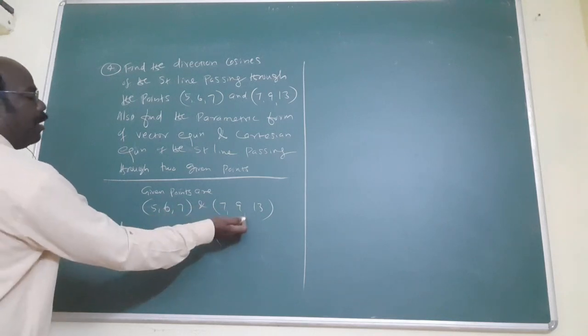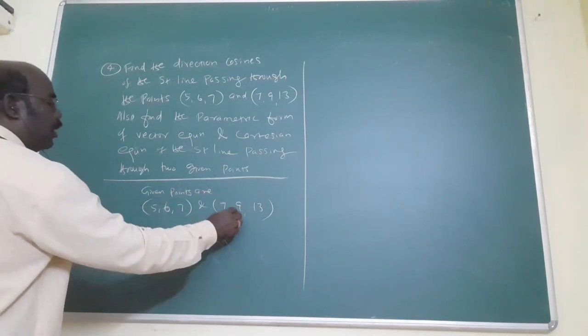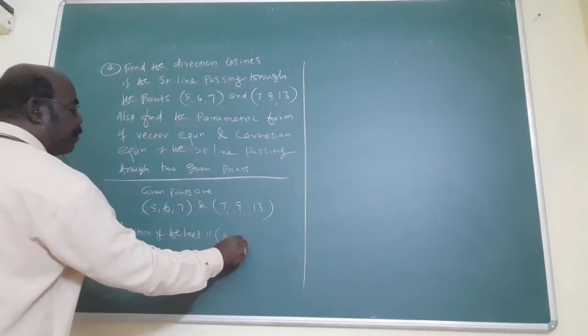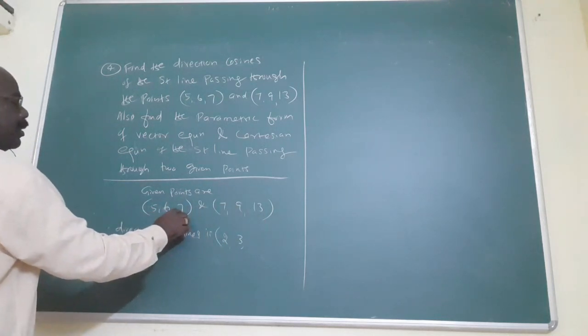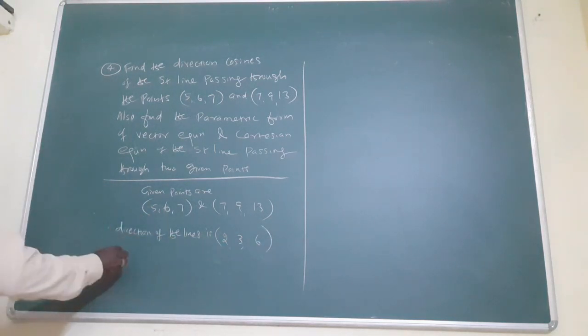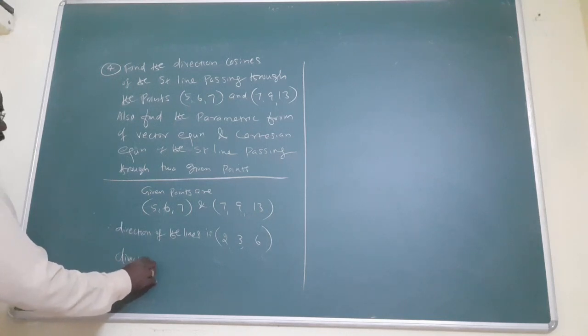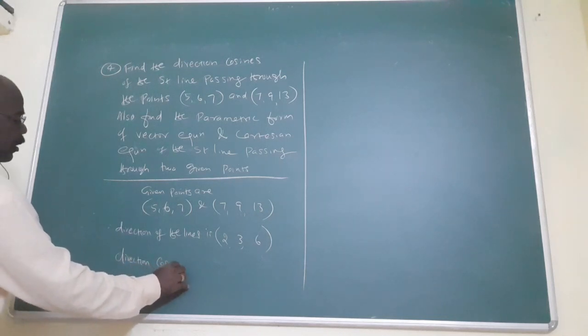Bigger minus smaller. I want to subtract from here to here. 7 minus 5, 2. 9 minus 6, 3. 13 minus 7, 6. In this way you subtract. Now what is asked? Direction cosines are asked.